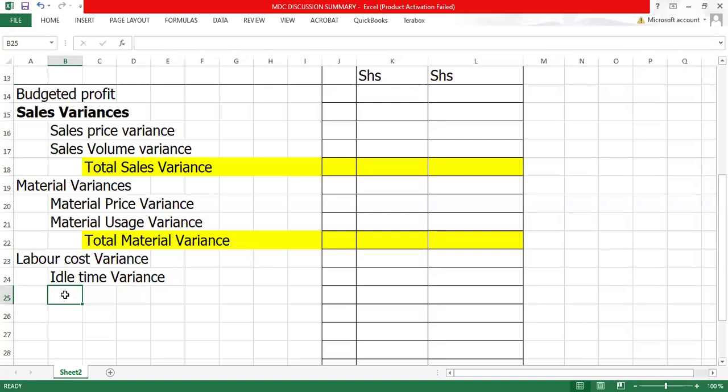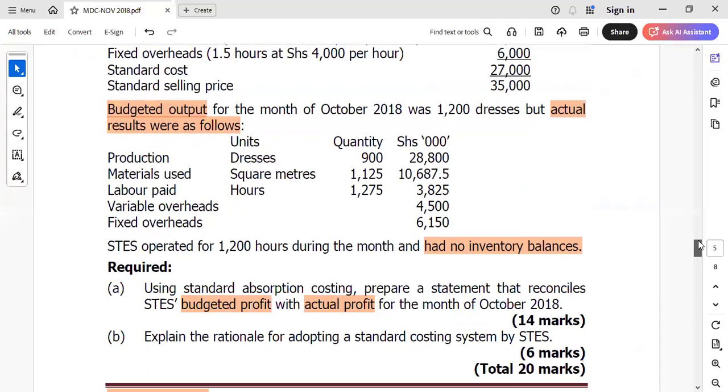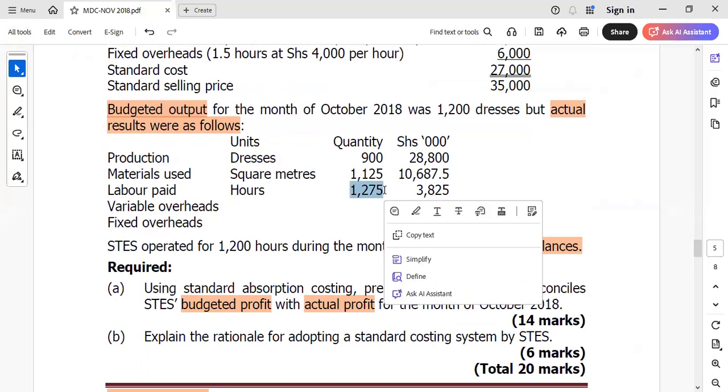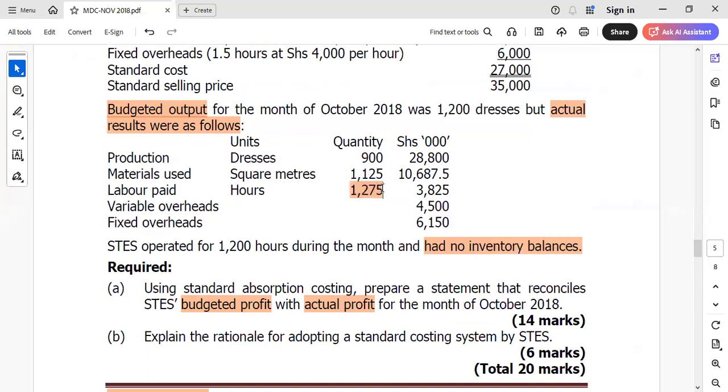For example, in this question, I believe they gave you those things. This is the actual hours worked. This is the actual hours paid. You were paid for these hours.